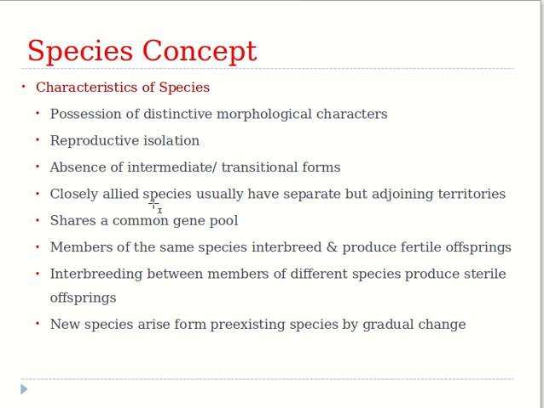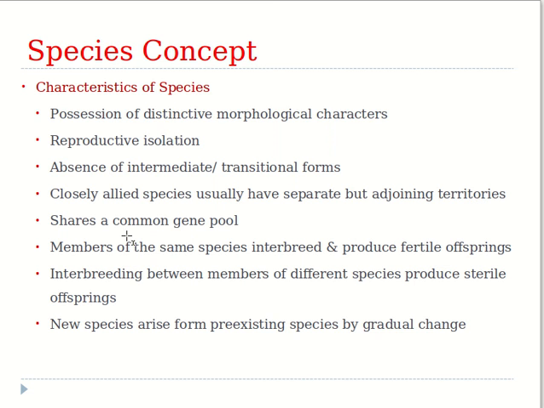Then, closely allied species have separate but adjoining territories. Usually species having similar morphological characters, very closely related species, have separate territories, but they may have adjoining territories. So some of the environmental conditions may be similar for both of the species.